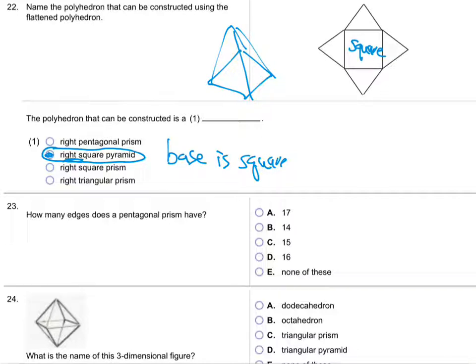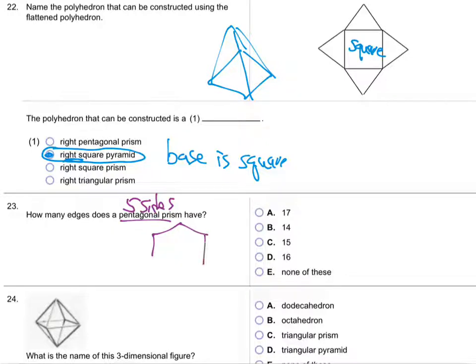All right, number 23. How many edges does a pentagonal prism have? Well, it might help to draw one. It might help if you had right on your 3x5 card a picture of some of these shapes anyway. So a pentagonal prism, what does that mean? Well, that pentagon is 5 sides, right?